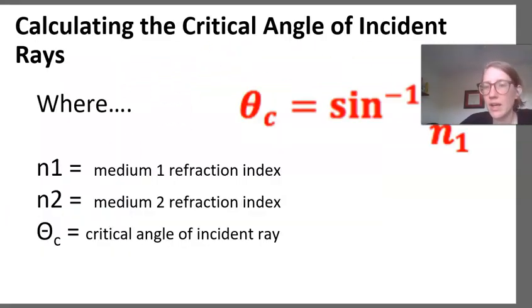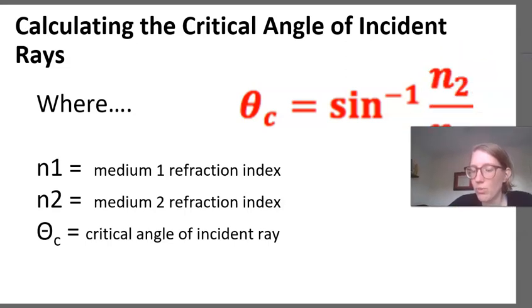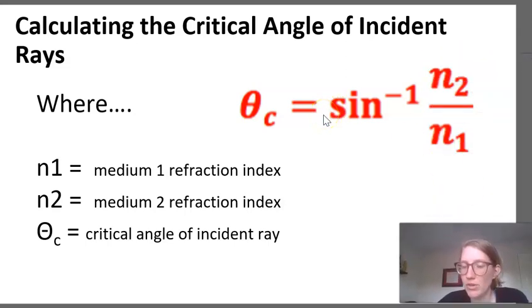So how can we calculate the critical angle, the angle at which your light cannot escape the medium? It depends on what the medium is. Is the medium very thick, in which case it's going to be harder for light to leave at greater angles than if it's something that is not very dense.